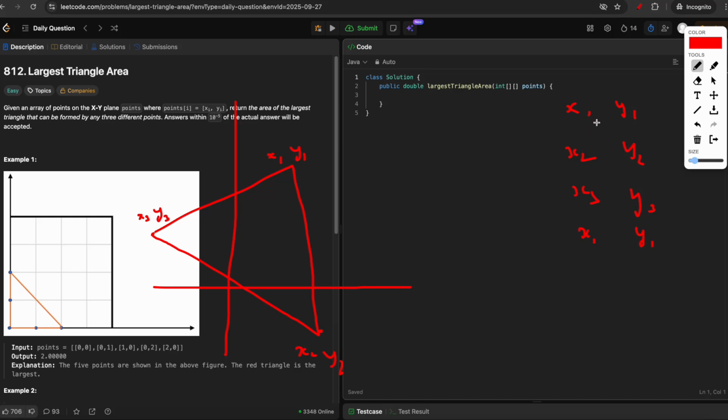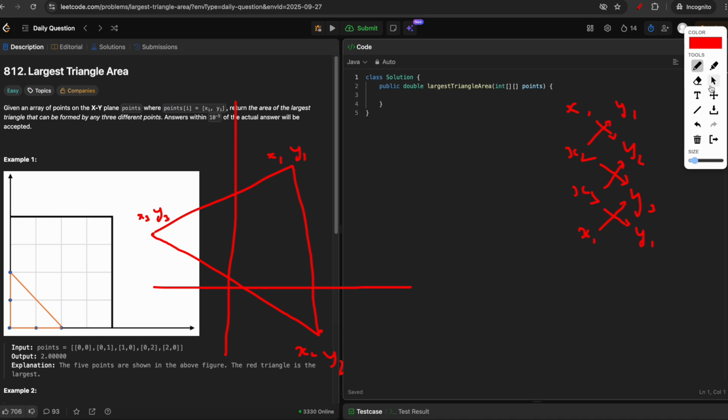So we know that we can just do the shoelace multiplication to get the formula. So x1, y2 minus x2, y1 plus x2, y3 minus x3, y2 plus x3, y1 minus x1, y3. The absolute value of this multiplication divided by 2 will give us the area of the triangle.